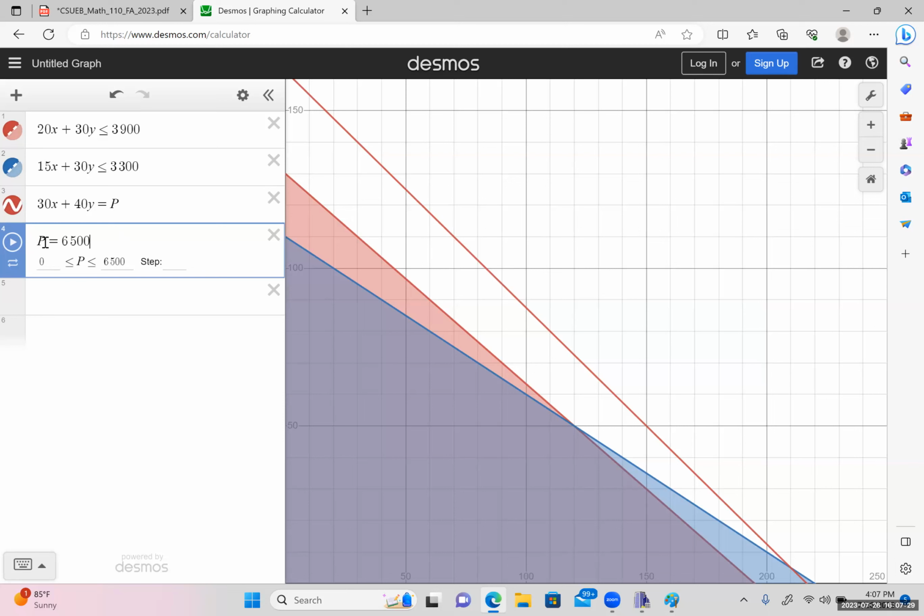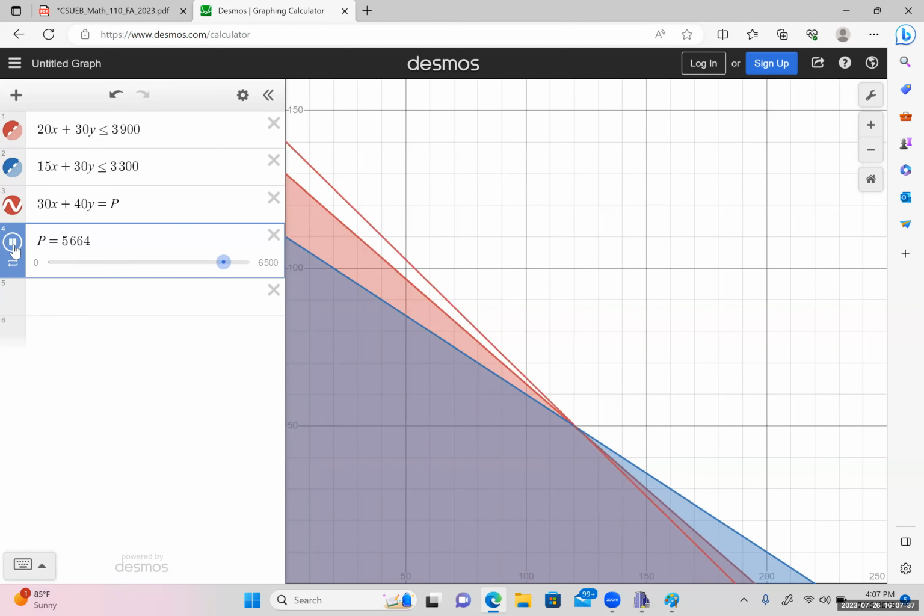So we want to play around with that. Try to move around the value of P until you have the maximum, and you stop there. You have the maximum value, but you also need it to still touch the purple area.